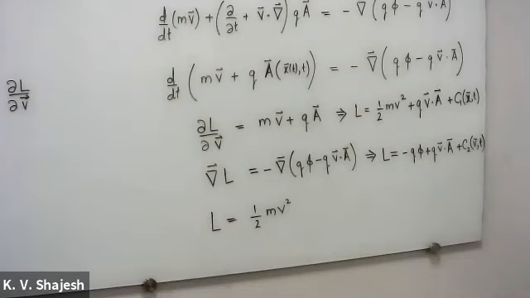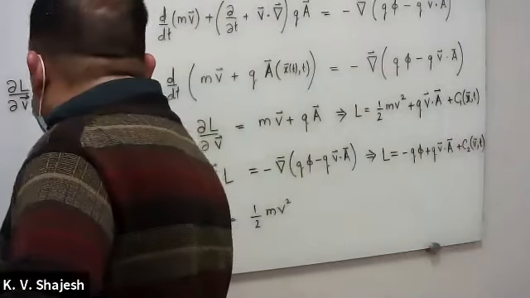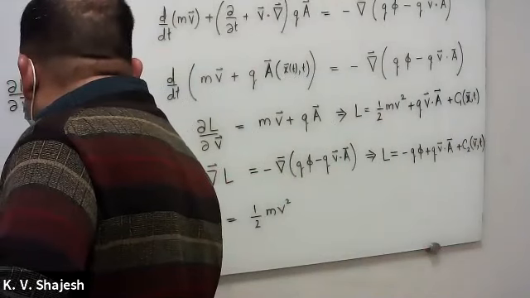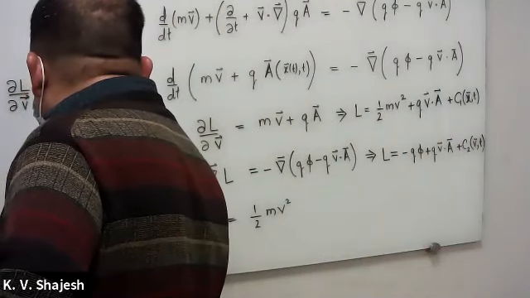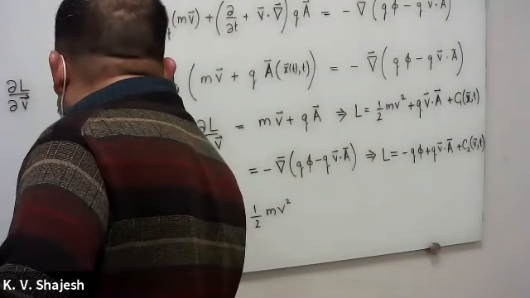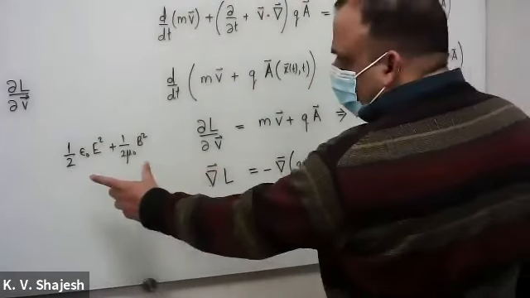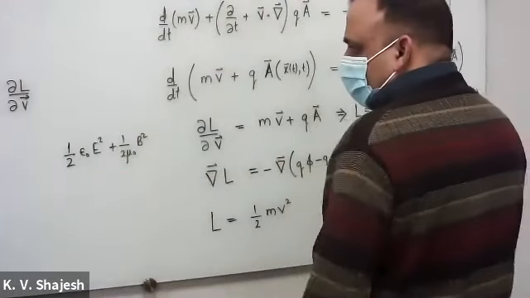Often this is a cause for confusion because in another context, we also write the energy in the electric field and magnetic field as half epsilon E squared plus half mu naught B squared. This is also a definition of energy density.